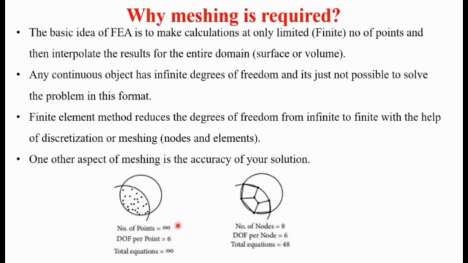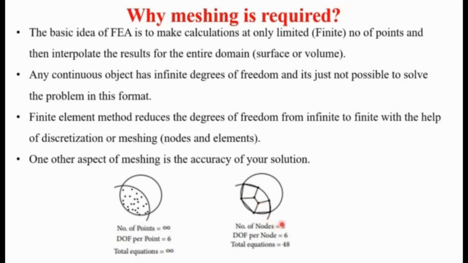Therefore the finite element method reduces the degrees of freedom from infinite to finite, with the help of discretization or meshing. Here we can see the number of nodes is equal to 8, that is first, second, third, fourth, fifth, sixth, seventh and eighth. By using these 8 nodes and 4 elements, this object is discretized, or divided into 4 small pieces.